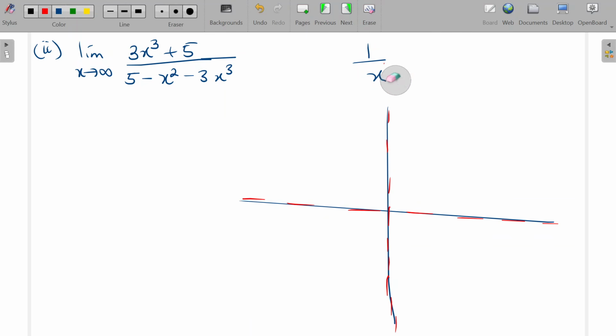Okay. So now if I'm sketching for 1 over x, I'll start testing. This one is from negative infinity to positive infinity. Okay.